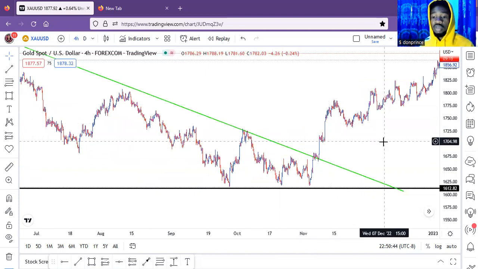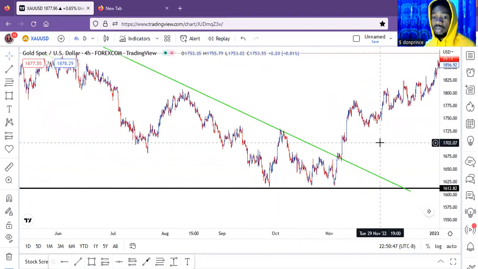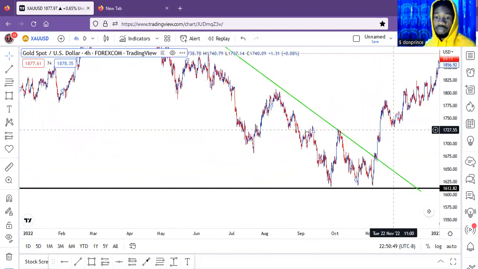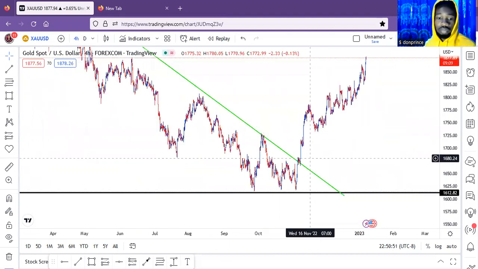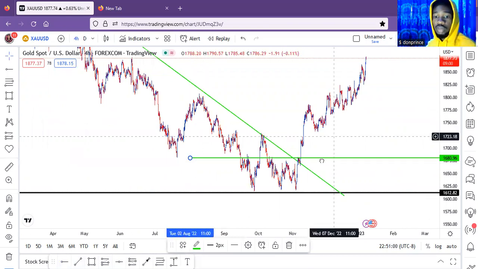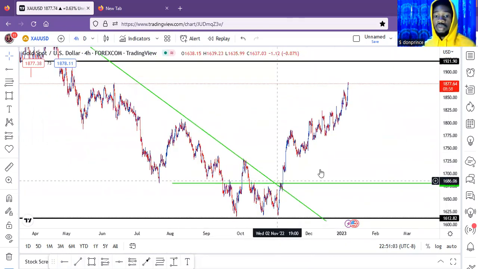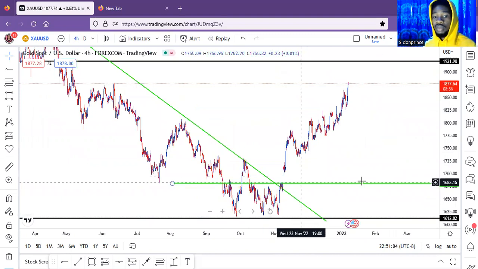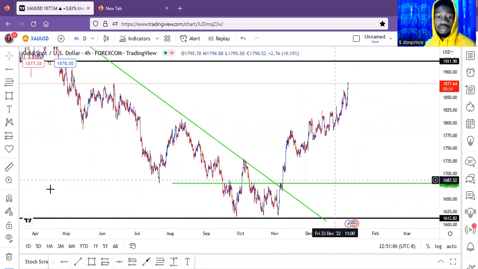Since it didn't retrace back to the level, we are still good. So it's supposed to be our first entry level. Let's just mark that up.